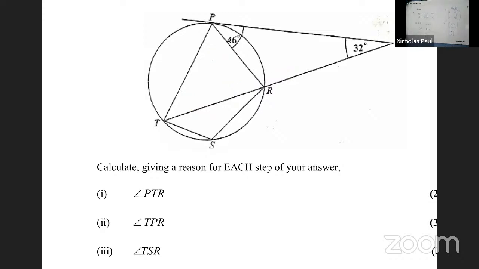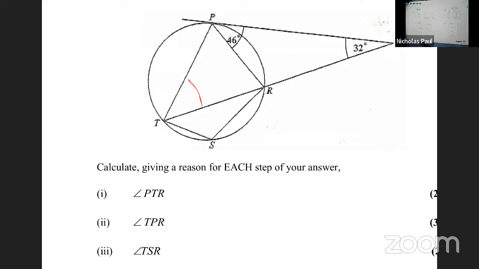All right, so let's work through it, right? Jacob, let's start here. What angle is there? The angle at T here, PTR. Tell me what the angle is supposed to be.